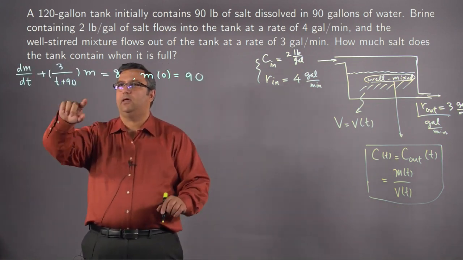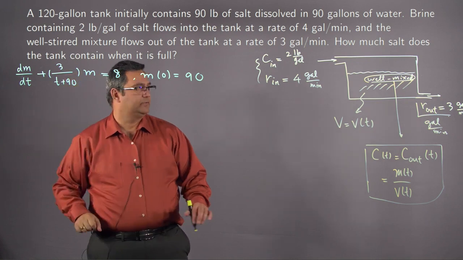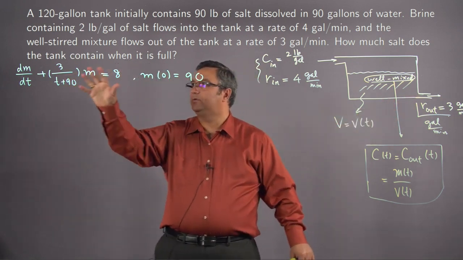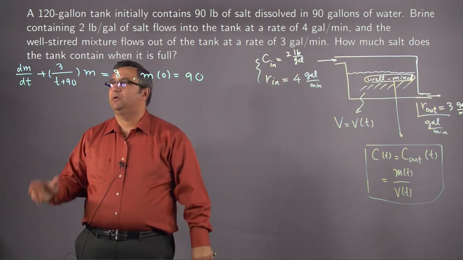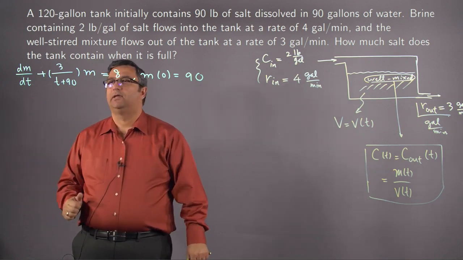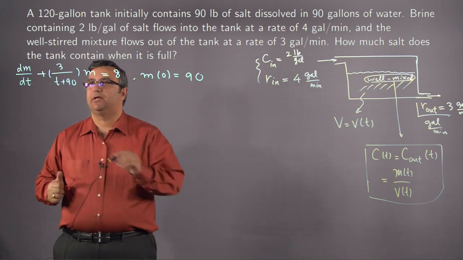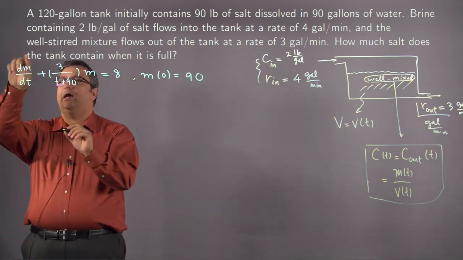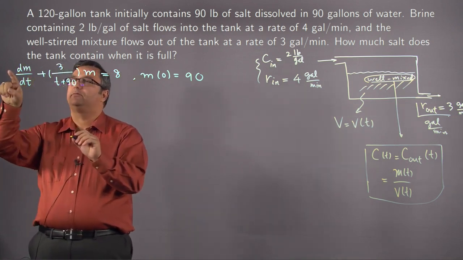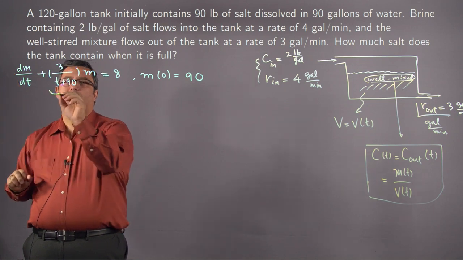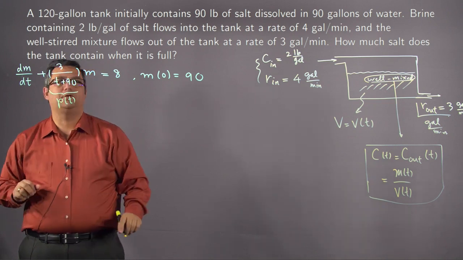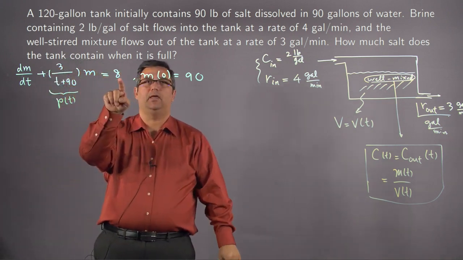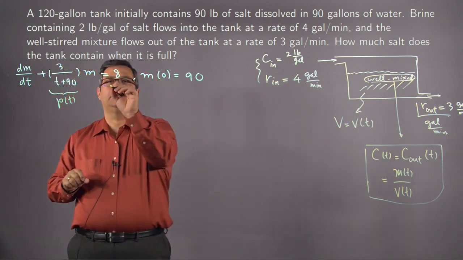Moving the exit rate of salt mass over to the left-hand side, we get a first order linear equation in standard form. First order linear equation in standard form means you have a normalized derivative coefficient, and this coefficient of m is what we usually denote by p of t, and this constant 8 is what we usually denote by g of t.